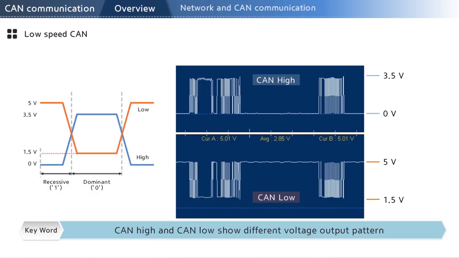The data is coded in binary digits, where sections with 5-volt difference between the lines, 5-volt and 0-volt, are recognized as recessive 1. Sections with 3.5-volt and 1.5-volt, a 2-volt difference between the lines, in other words, are dominant 0.